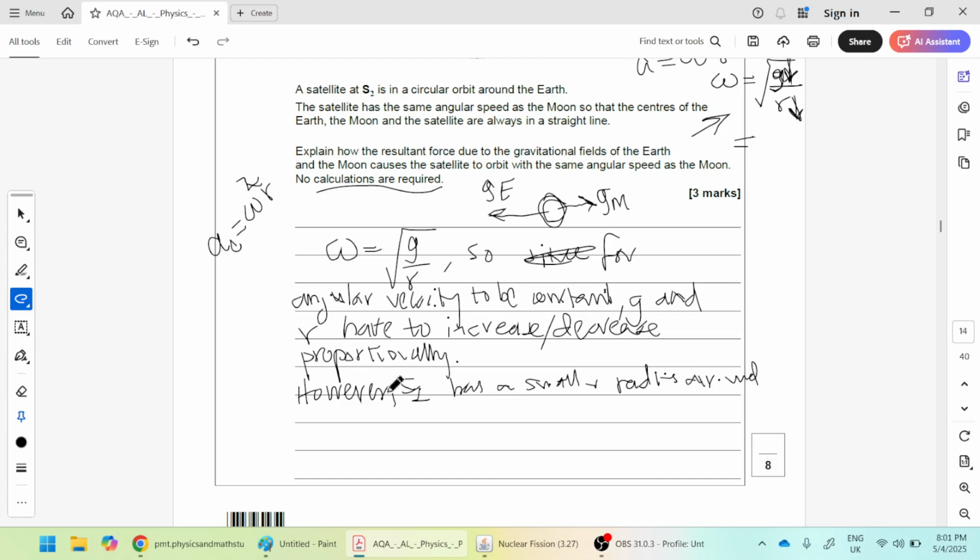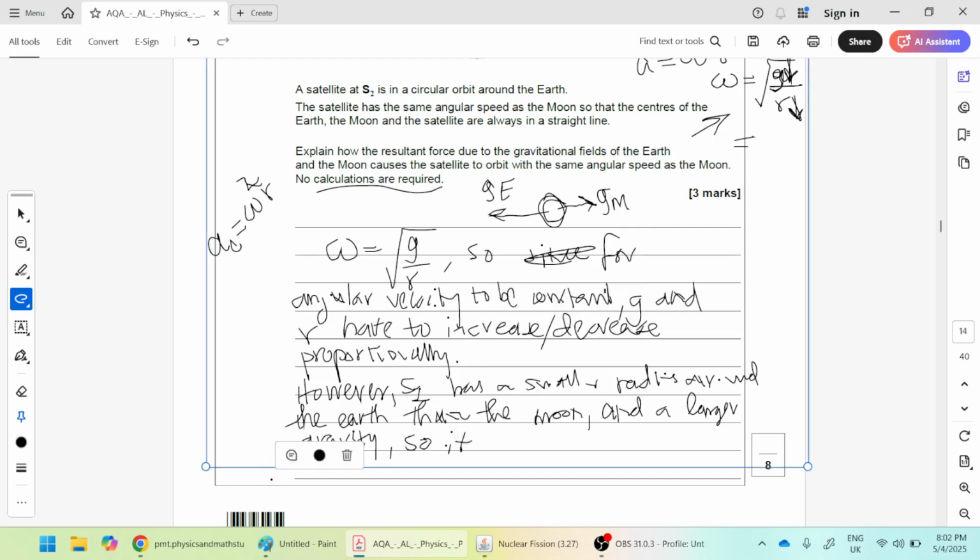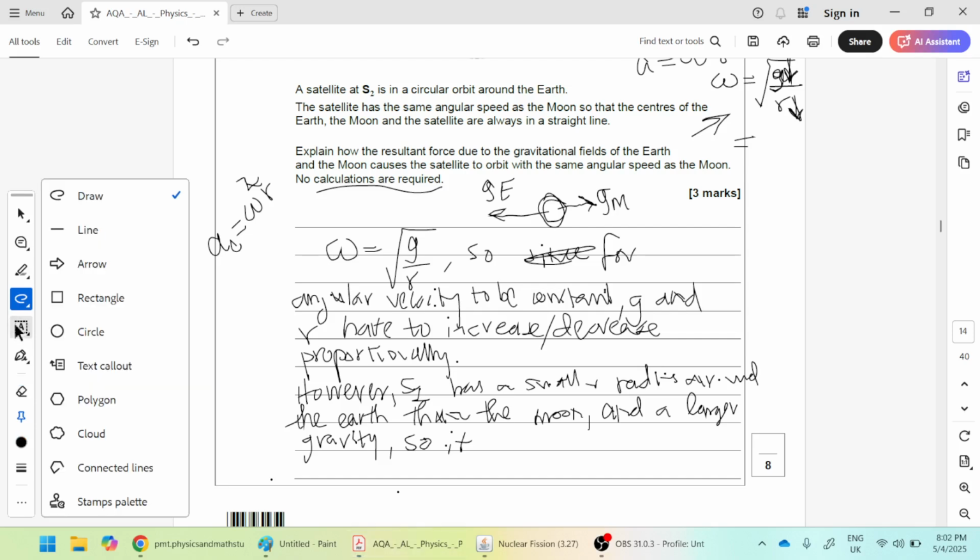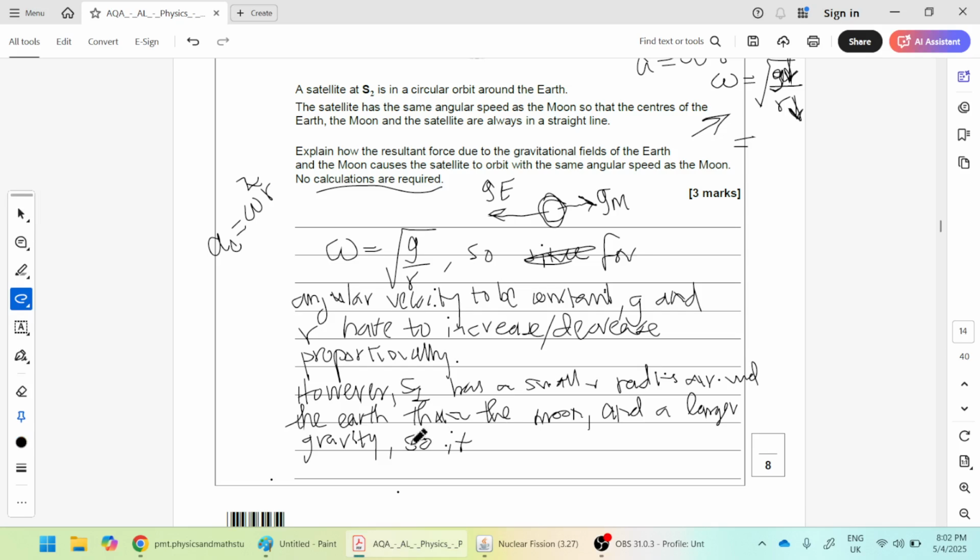I'm going to just say that in words. Okay, S2 has a smaller radius around the Earth than the Moon, and a larger gravity due to Earth.